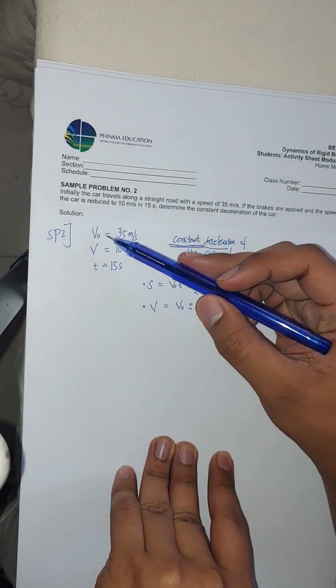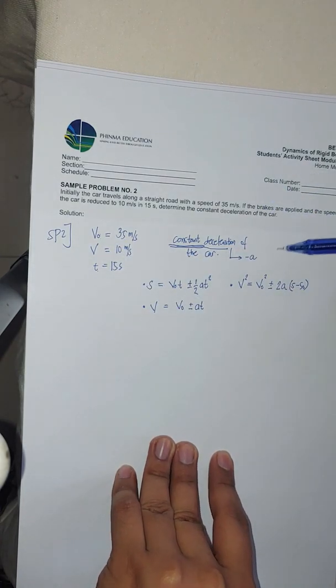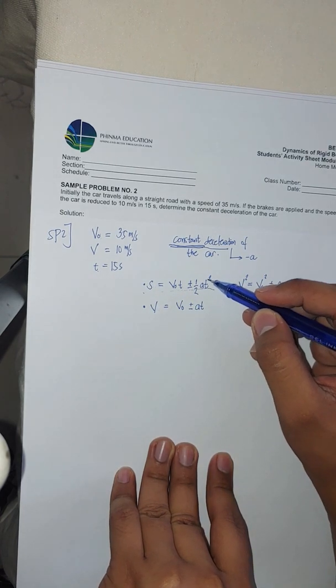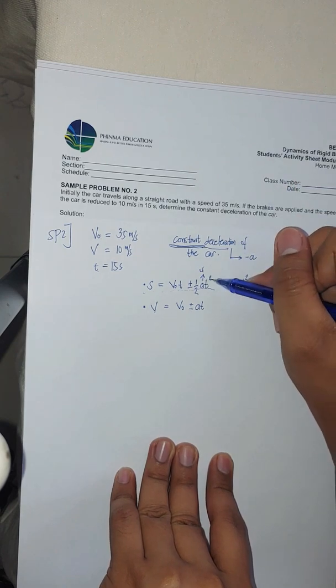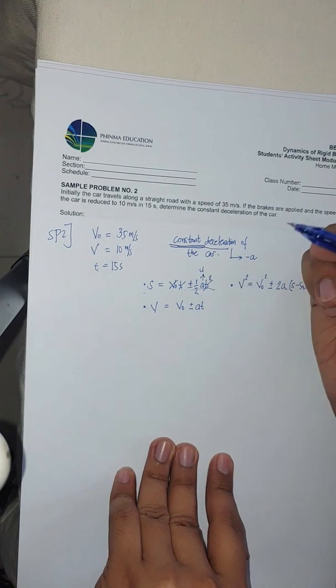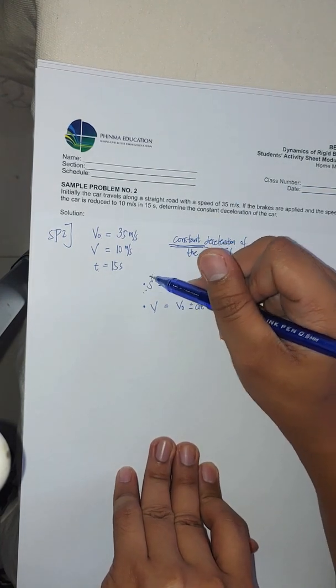So, we have V, V naught, V final, and then the time. Then we are asked for A. So, for the first equation, can we use it? This is unknown. We have T, yes. We have the time, we have the initial velocity. But this is also unknown.